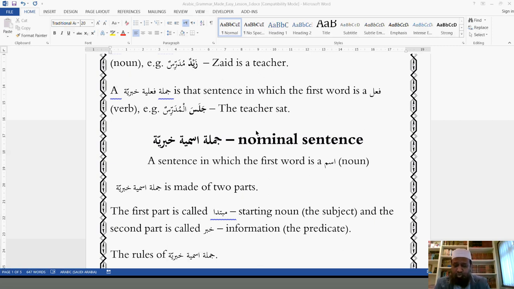Now we need to know a few rules to apply so we can easily make Jumla Ismiya correctly, without any wrong thing in the sentence. Once we understand these rules, inshallah, we will be able to make Jumla Ismiya correctly.